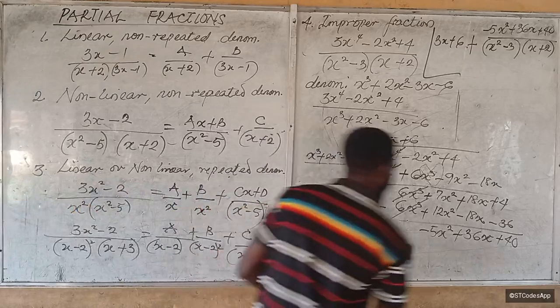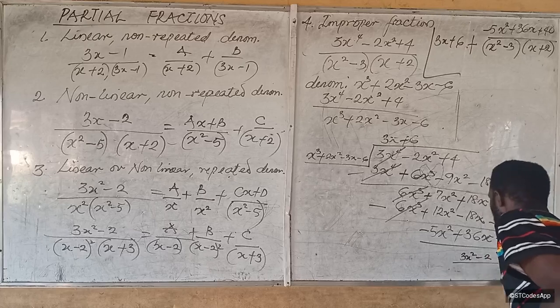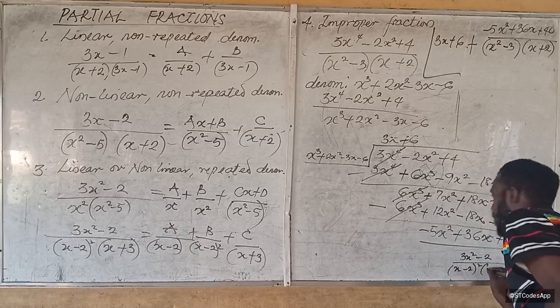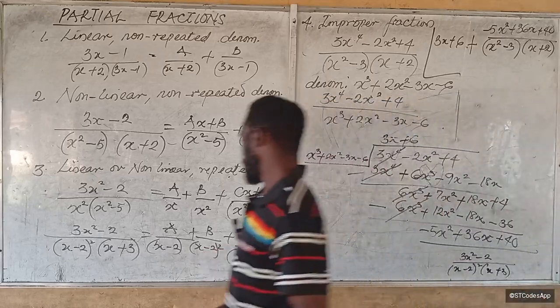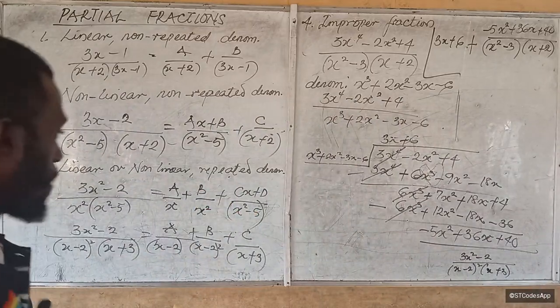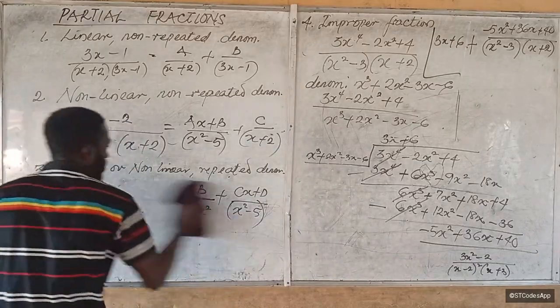So that will be 3x squared minus 2 all over x minus 2 all squared over x plus 3. This one is also sweet. I'm just picking this because this one is quadratic again. That's why I'm not picking it. Okay? So let's clean this space.